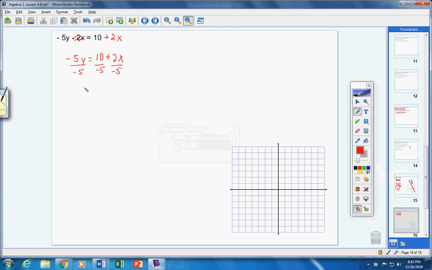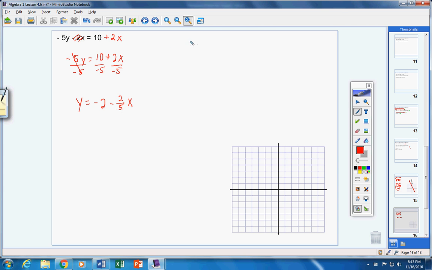Now guys, now students, the negative 5's cancel right here, leaving you with y. 10 over negative 5 is negative 2. A positive over a negative is negative. Now please look here, students. A positive over a negative is a negative. And 2 over 5 is 2/5. Do you understand? So step 1 is done.